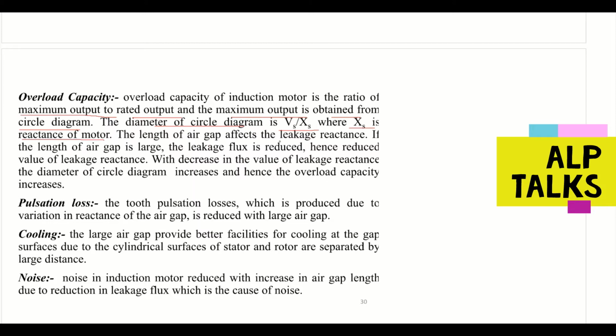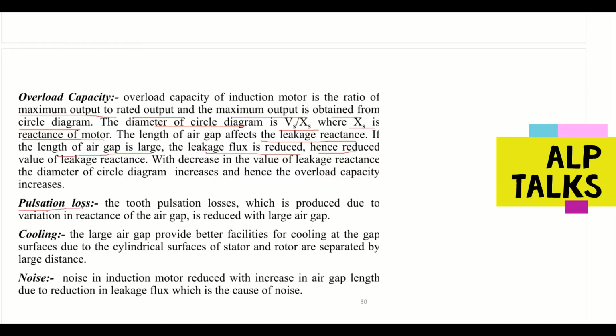The length of air gap affects the leakage reactance. If the length of air gap is large, the leakage flux is reduced, hence the leakage reactance is reduced. With a decrease in leakage reactance, the diameter of the circle increases and hence overload capacity increases.